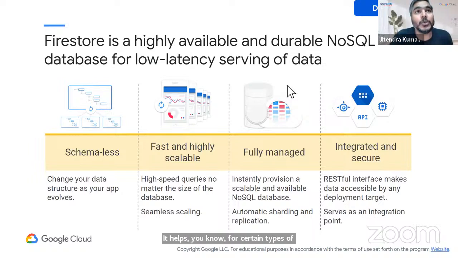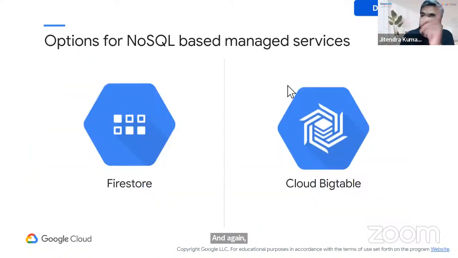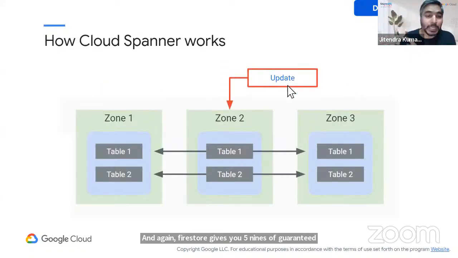For example, you are building a social media application and you need to store your user profile, or you are building a game and you need to store game state, right? Firestore could be the place where you store your game state. Okay, this is a document database. It is available with low latency, and again, Firestore gives you 5 nines of guaranteed availability, and that is also available with Spanner.